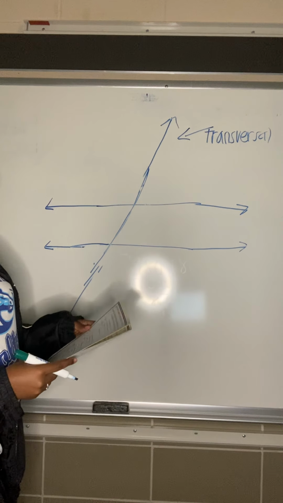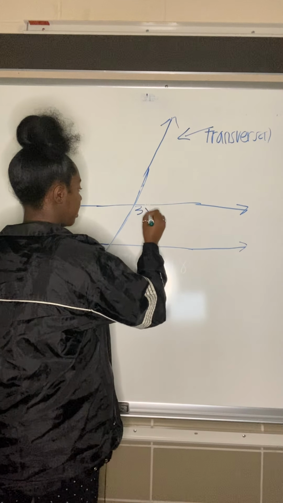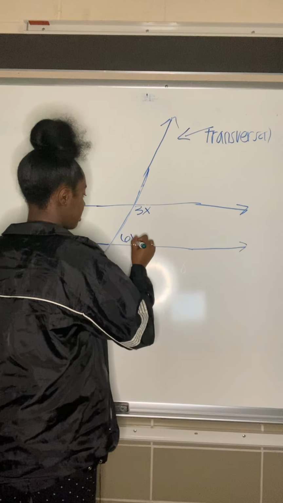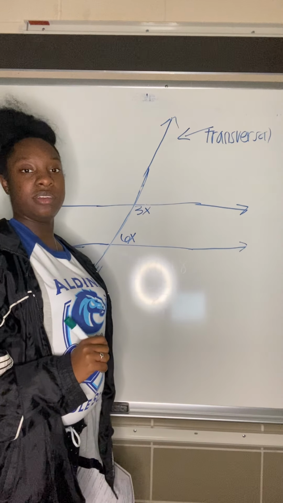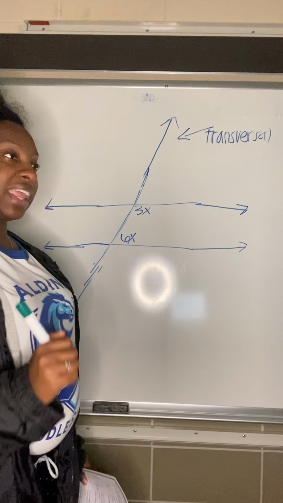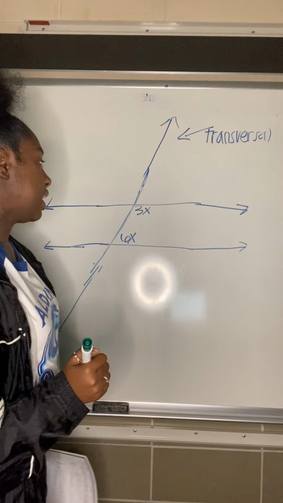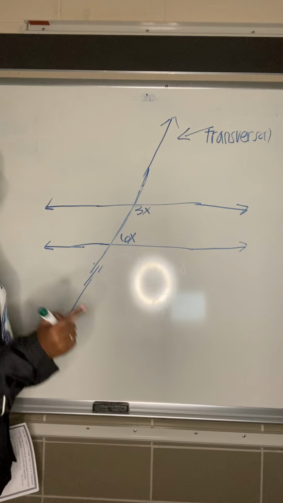Now let's work some problems, okay? Let's say I have 3x here and 6x here. Can we guess what the name of these angles is? If you said same side interior, you are correct. And same side interior angles are what? Supplementary.